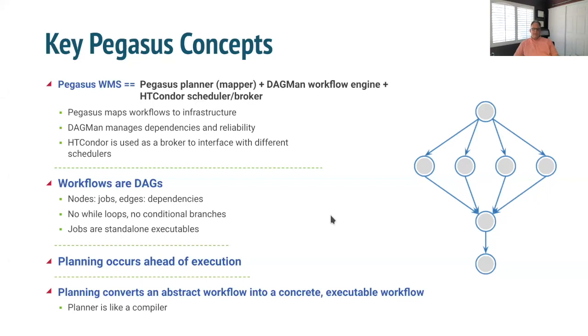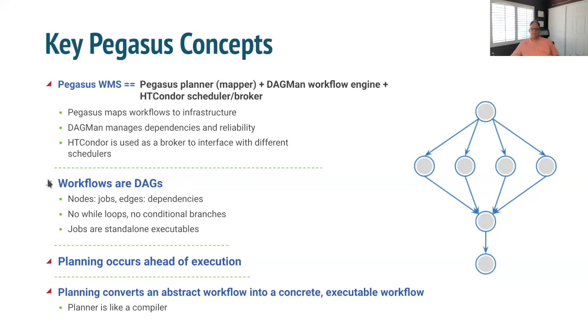It builds a DAG for you, and it adds a lot of extra sauce to make it more powerful than the DAG would be by itself. So Pegasus is built on top of Condor. You can't really run Pegasus without Condor.